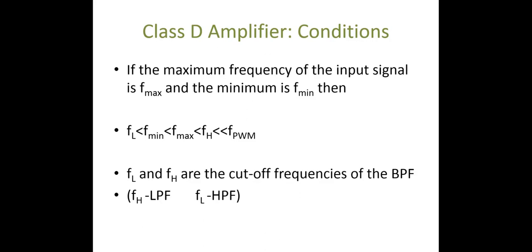And similarly, the cutoff frequency of the low pass filter in the band pass filter should be much smaller than F minimum. So only then the approximations that we assume in analyzing the circuit will be true.